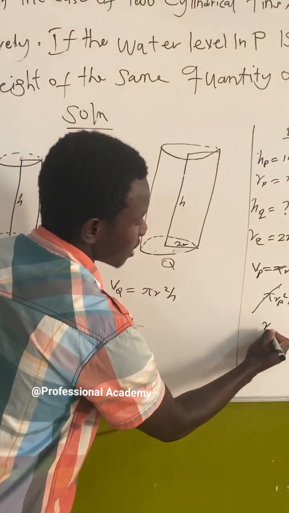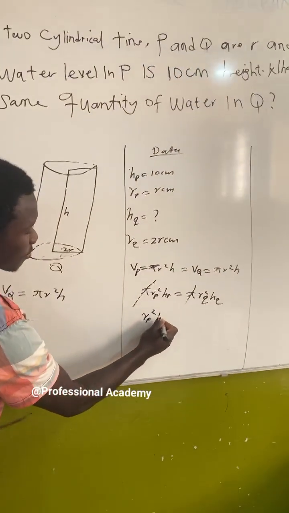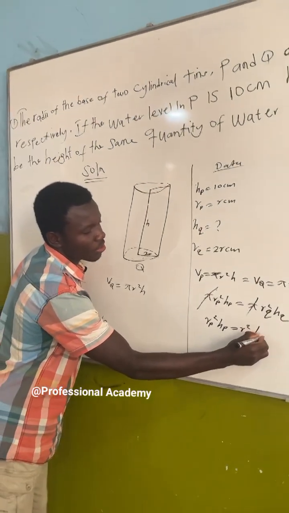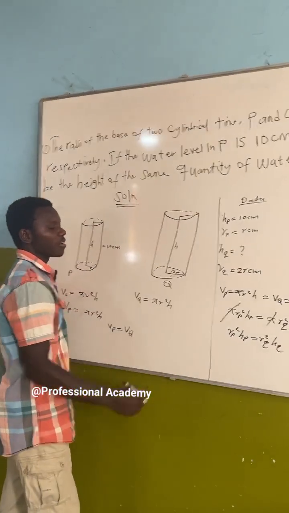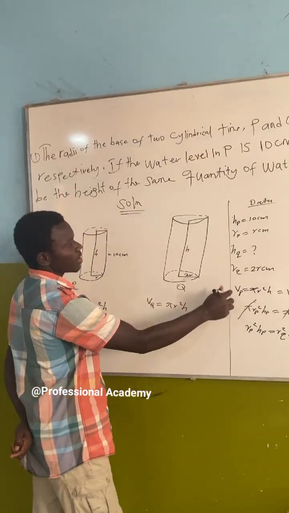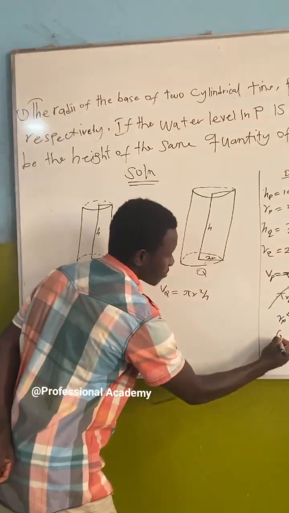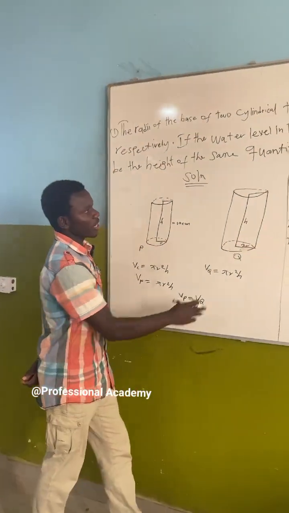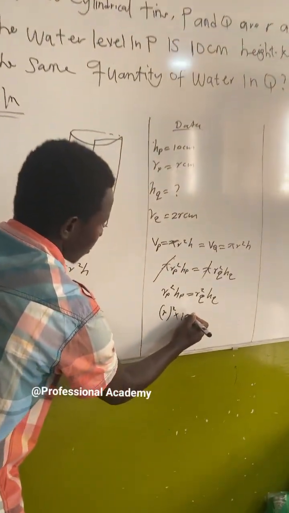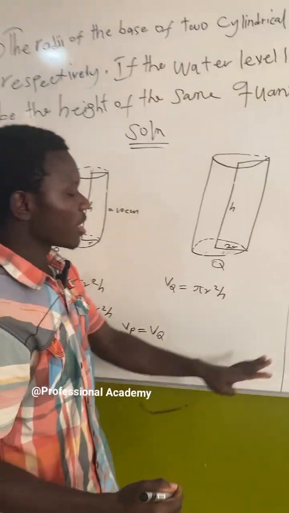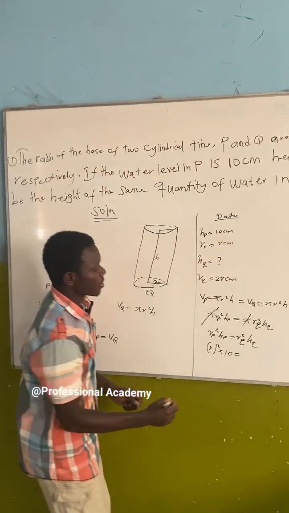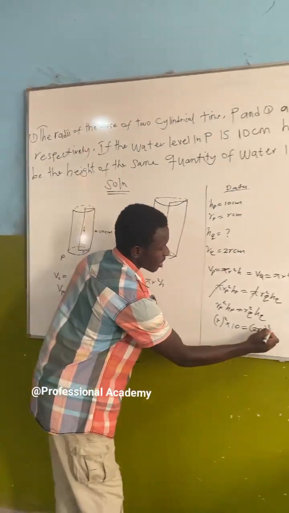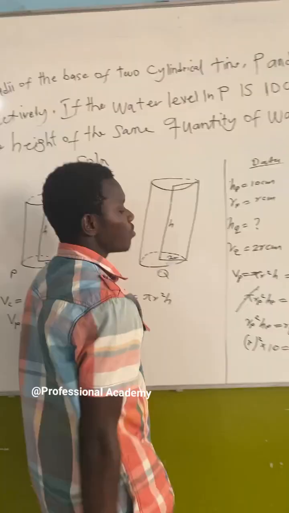So we are left with the radius of P squared times the height of P, which must be equal to the radius of Q squared times the height of Q. If we put the values, the radius of P is given as r, so that gives us r all squared times the height of P, which is 10 centimeters, equal to, the radius of Q is 2r, so we open a bracket, 2r all squared, times the height of Q, which we are looking for.